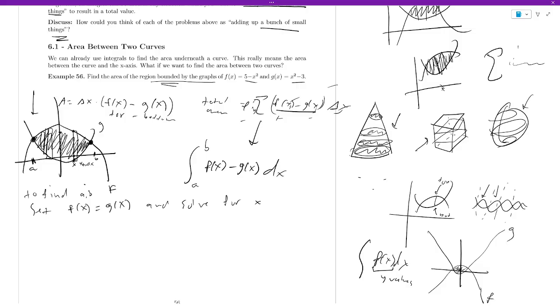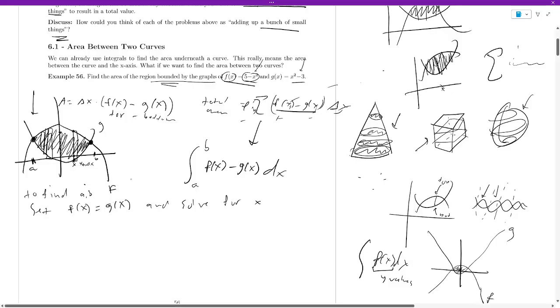And when I write this, set f of x equal to g of x, I mean use the formula for f of x and set it equal to the formula for g of x. This is just short for saying set the two equations, the formulas, equal. If I write it this way, I'm saying it generically without talking about a specific function.